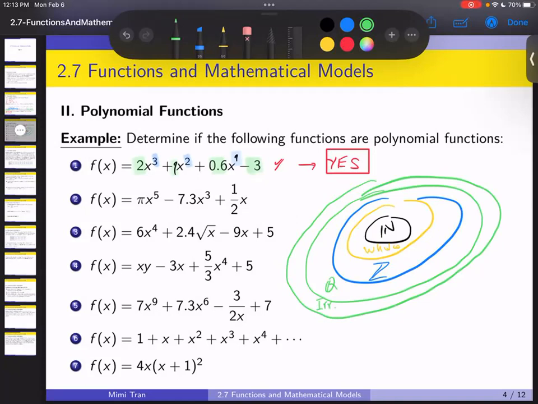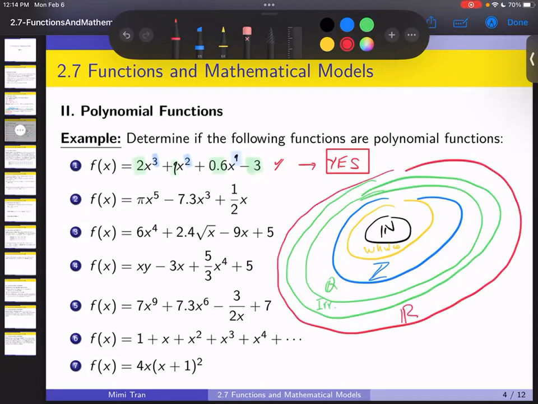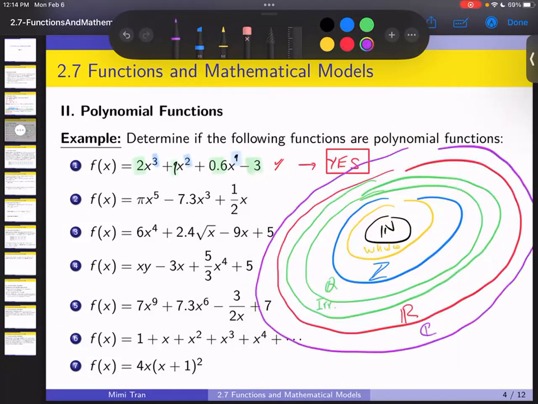What else covers everything? Real numbers, subscript R. And what is the biggest one? Complex numbers, imaginary, denoted script C. So that's your number set.